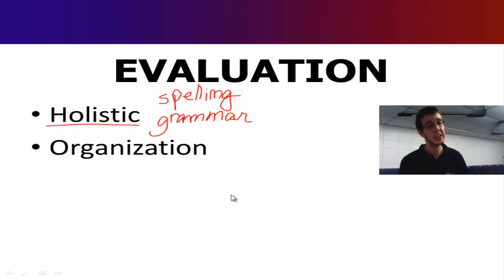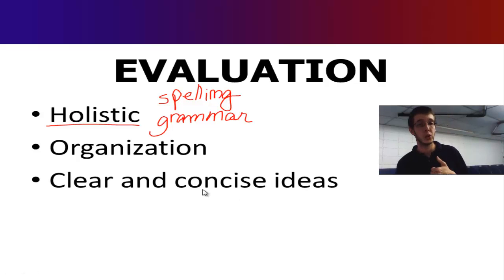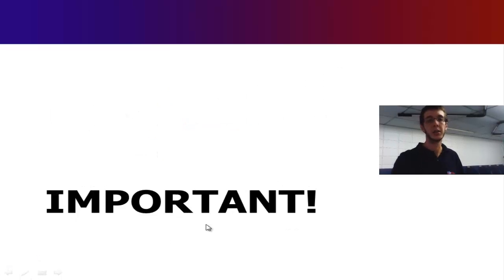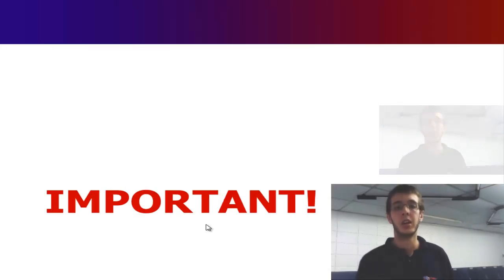So organization is more important than those things. Your ideas have to be clear and concise, and you have to have an appropriate use of vocabulary. See? All of this is more important for the TOEFL than the simple fact of whether you use the present perfect correctly.